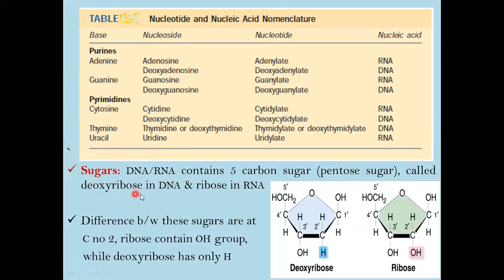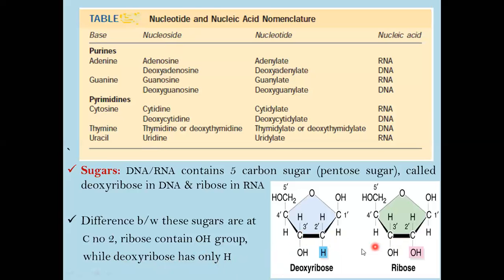It is called deoxyribose in DNA and ribose in RNA. The difference is at carbon number 2, because ribose contains an OH group at carbon number 2 and deoxyribose has only a hydrogen attached at carbon 2.